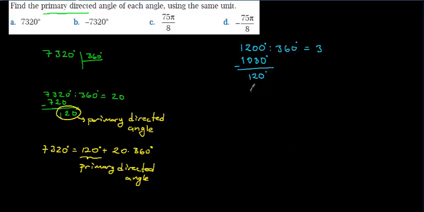So here also 120 degrees is the primary directed angle. So the remainder is our primary directed angle.